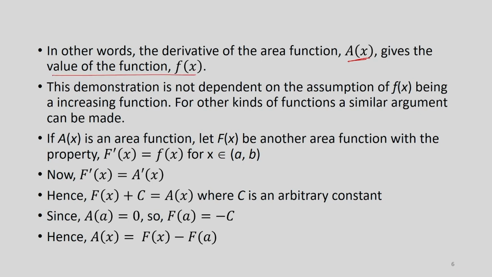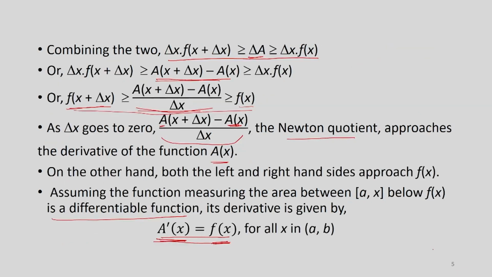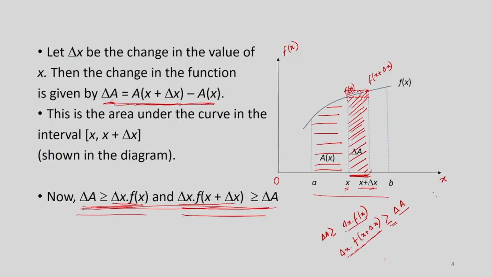This demonstration that we have just done is not dependent on the assumption of f(x) being an increasing function. For other kinds of functions, a similar argument can be made. So, what is being claimed here is that in this demonstration, we have drawn f(x) to be an increasing function, and then we have shown that A dash of x is equal to f(x).